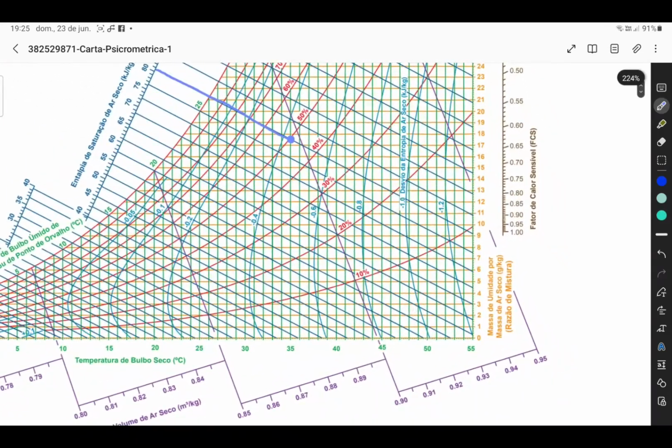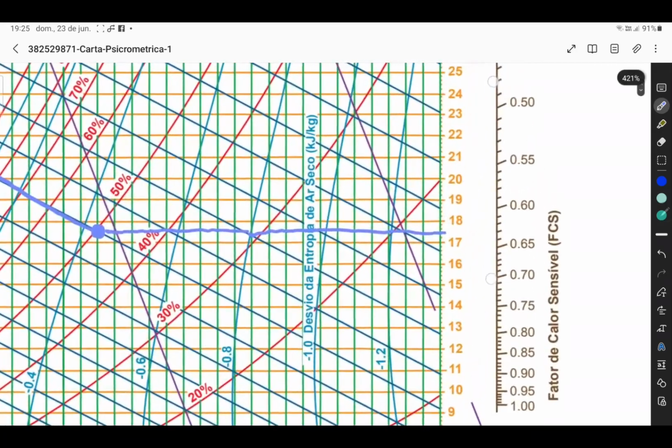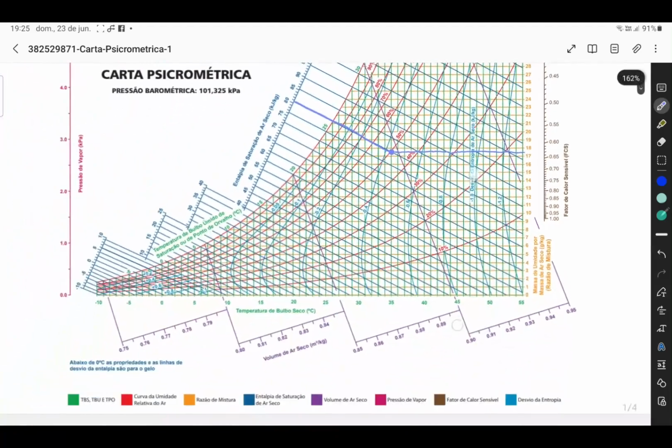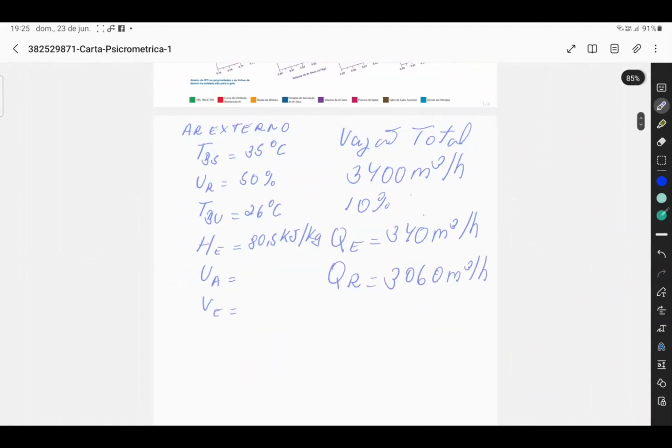I follow my absolute humidity here, and I will find approximately 17.5 grams of water vapor per cubic meter.